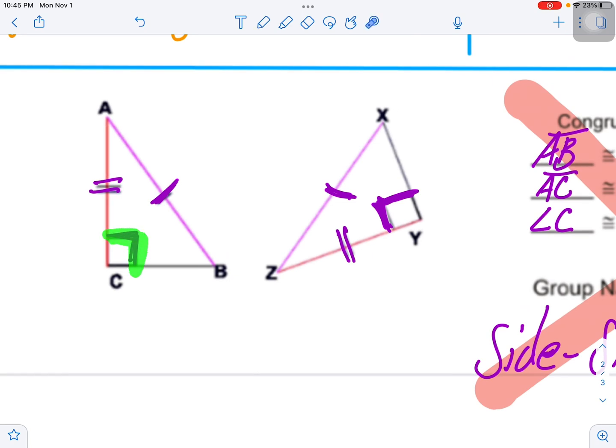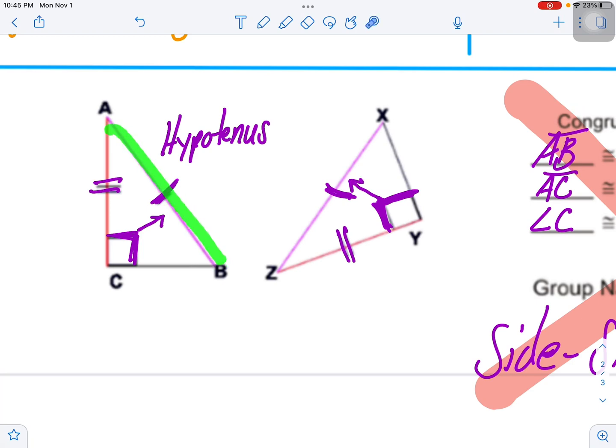Because this is a 90-degree angle, right? Across from the 90-degree angle is a really long side here. This is the longest side of the triangle. This is called a hypotenuse. And it goes the same thing here as well.